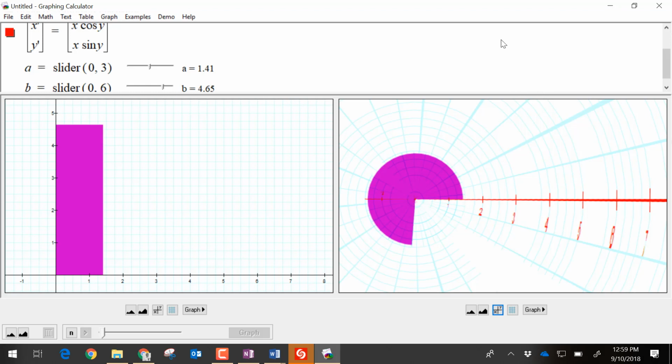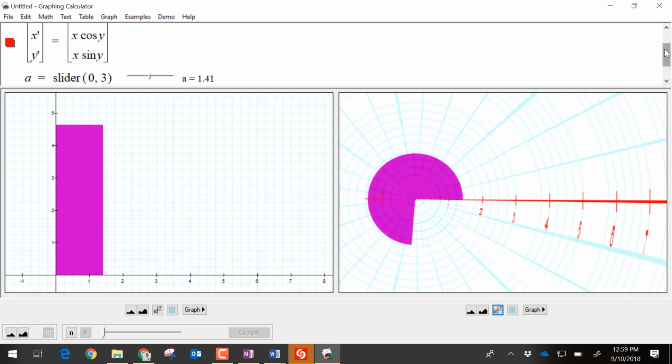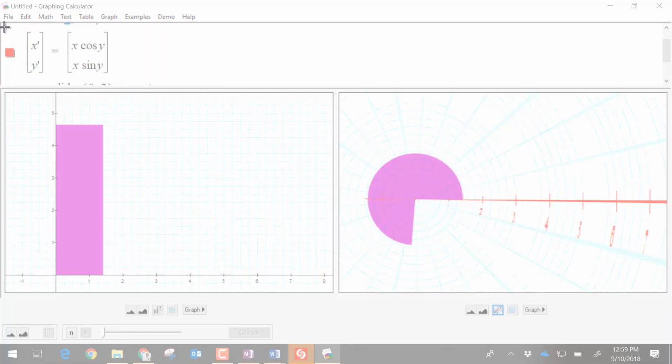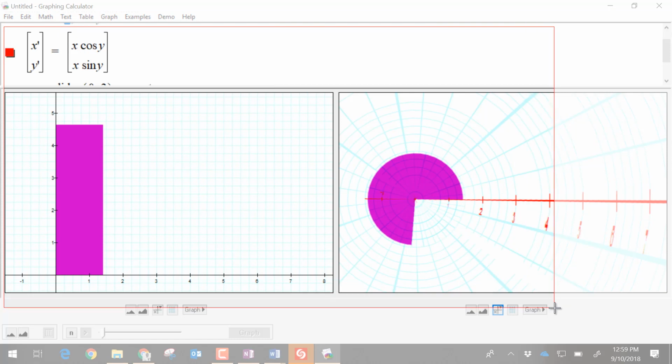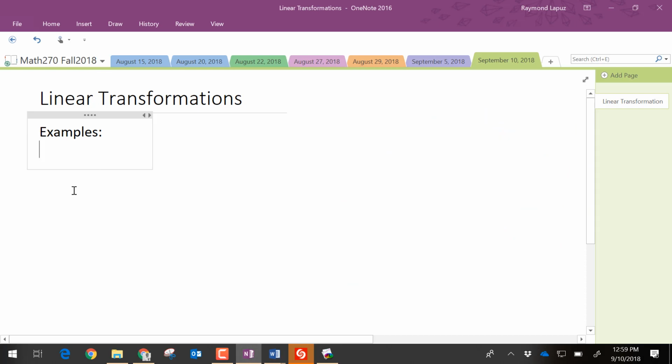So this is an example of a non-linear transformation.